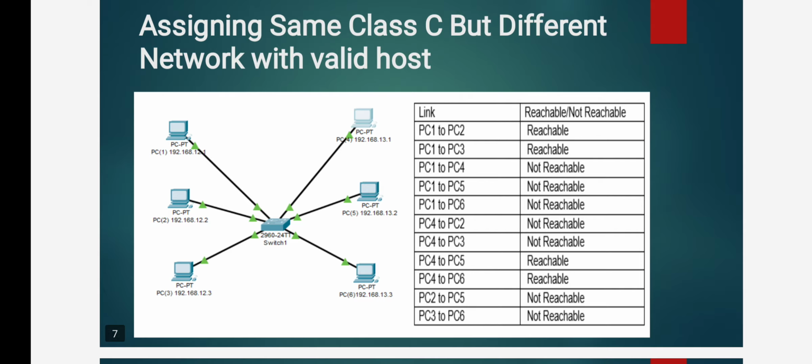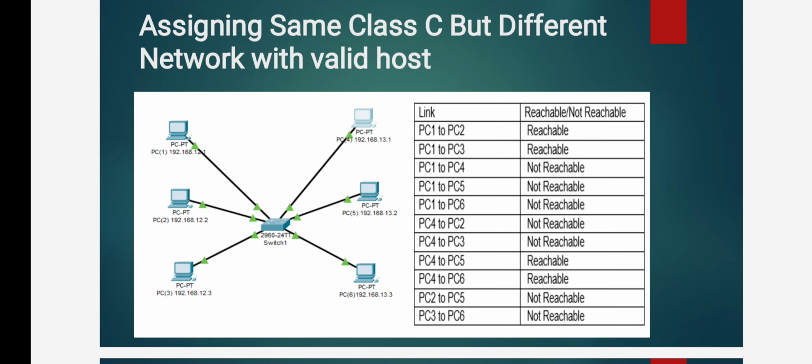And PC1 to PC5 is the same situation as PC1 to PC4, because it is not the same network, but they are in the same class, and that class is C. And PC1 to PC6 is not reachable, the same as numbers 3, 4, and 5.